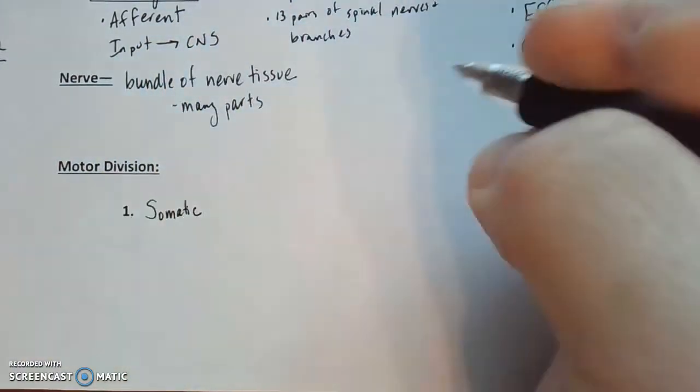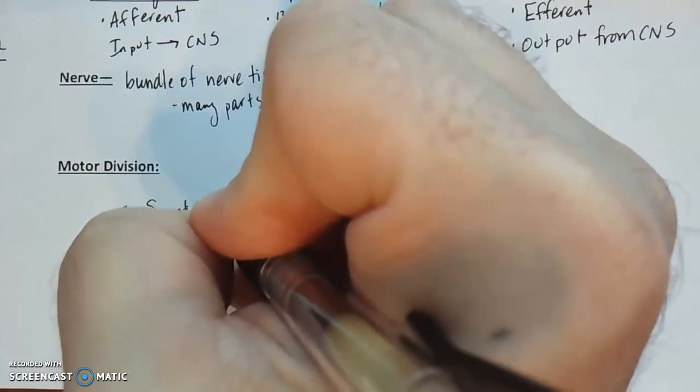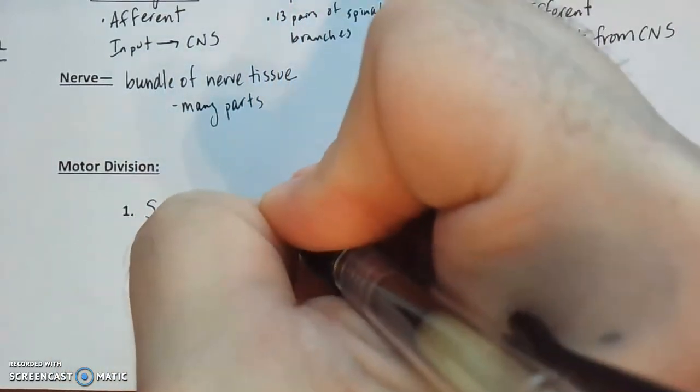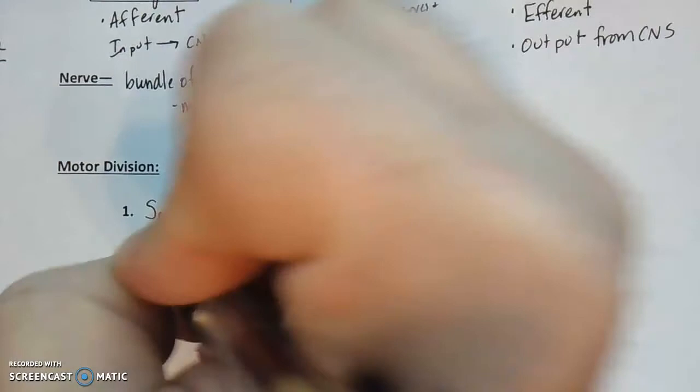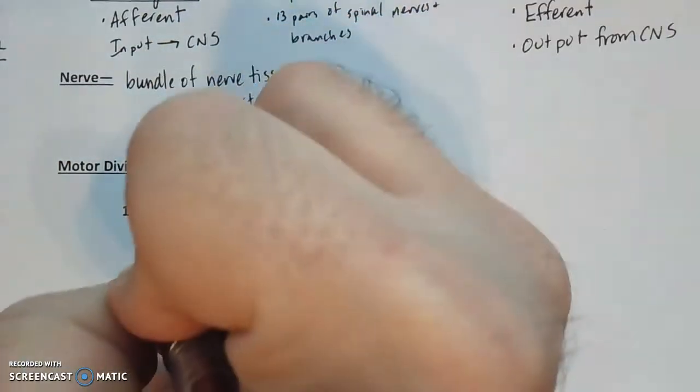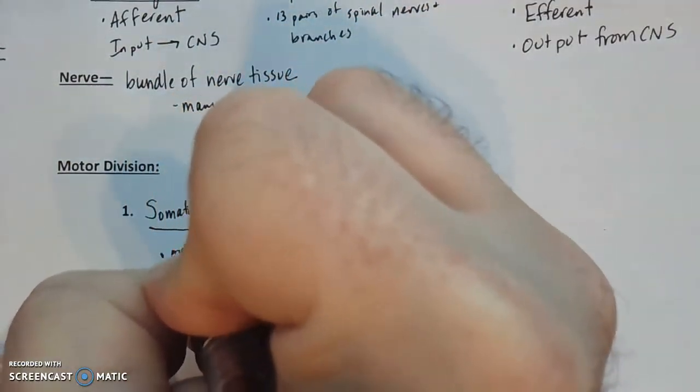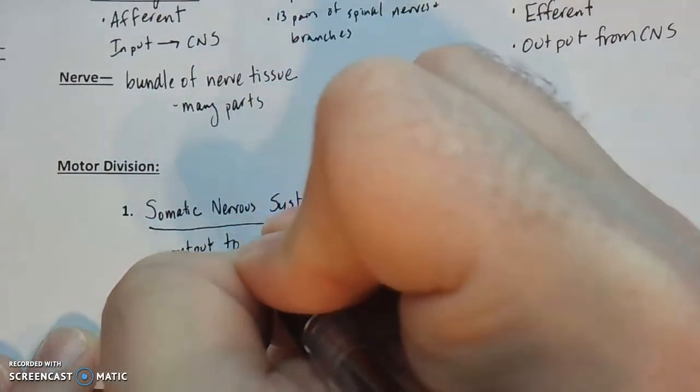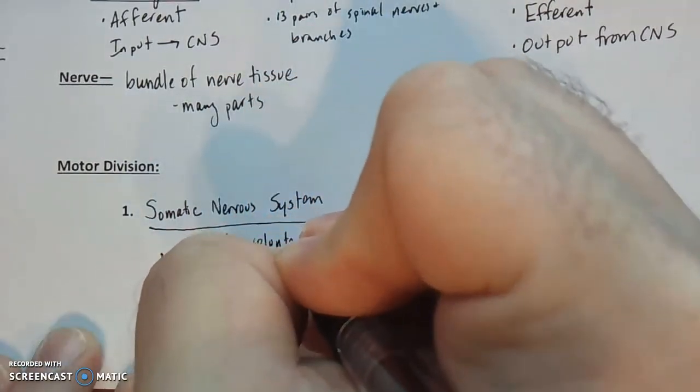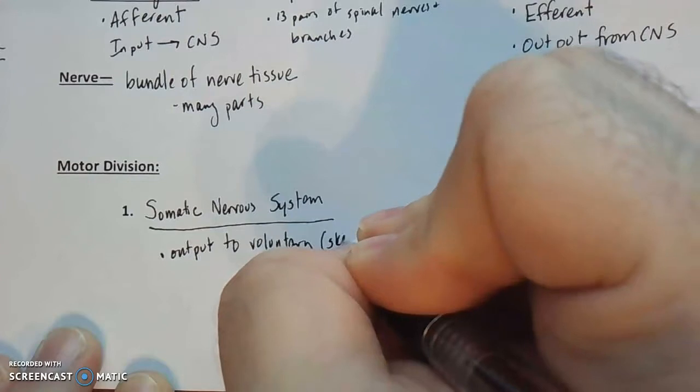The first one is called the somatic nervous system. This is output to voluntary or skeletal muscle.